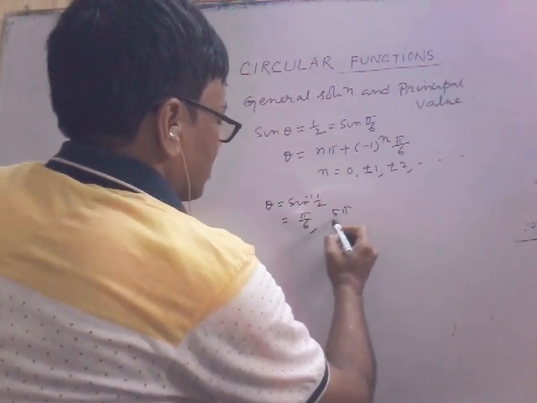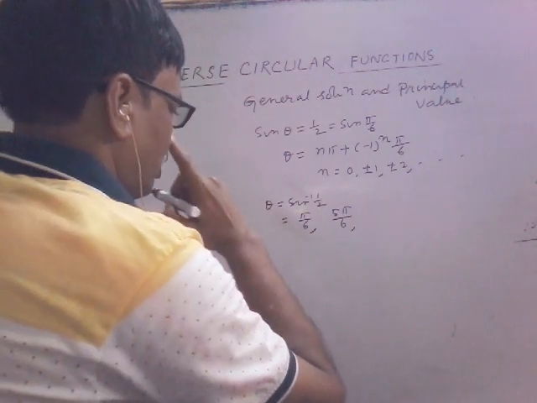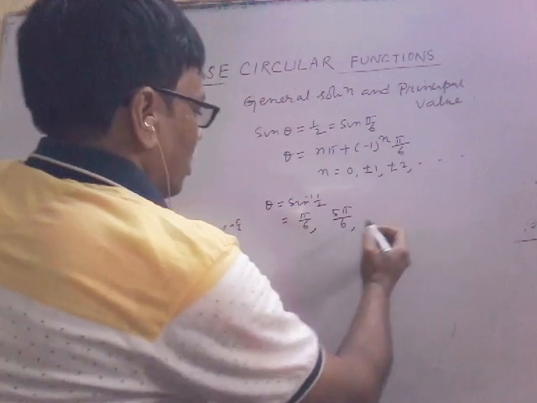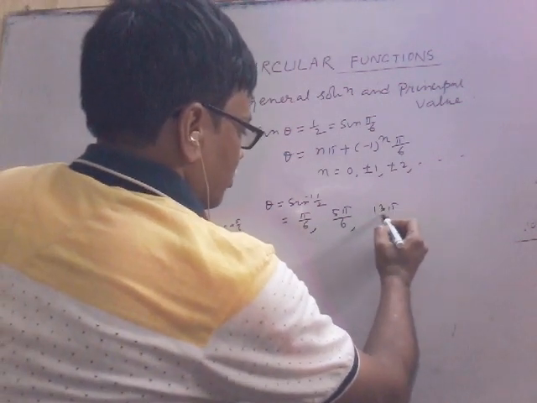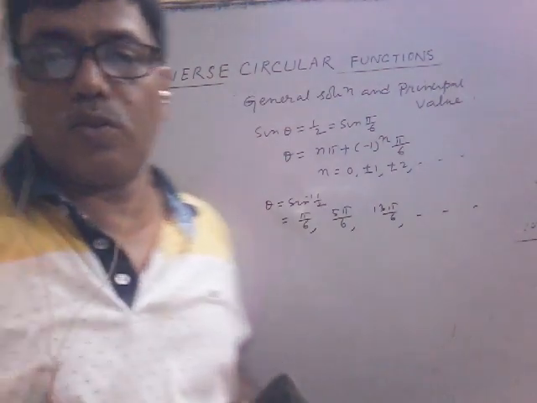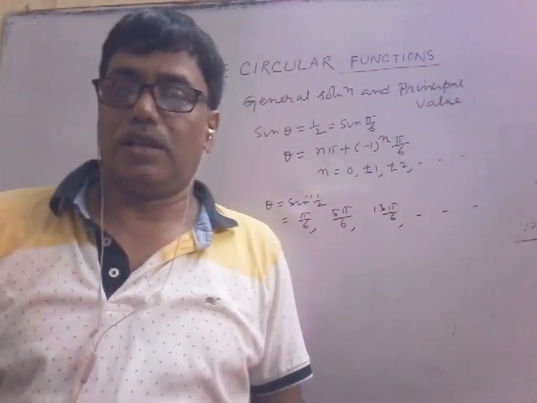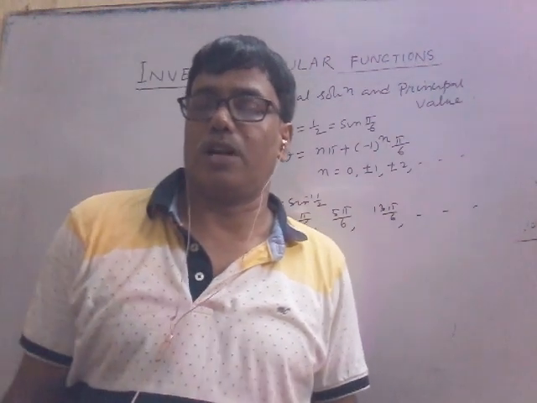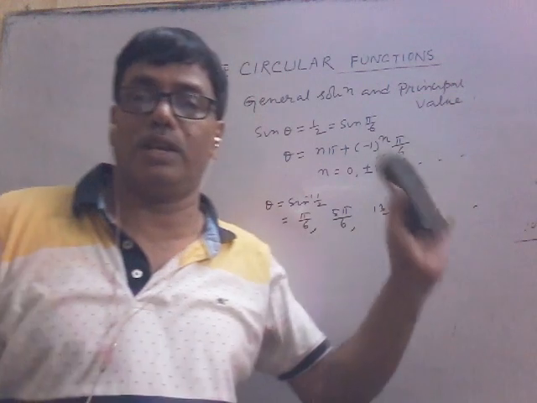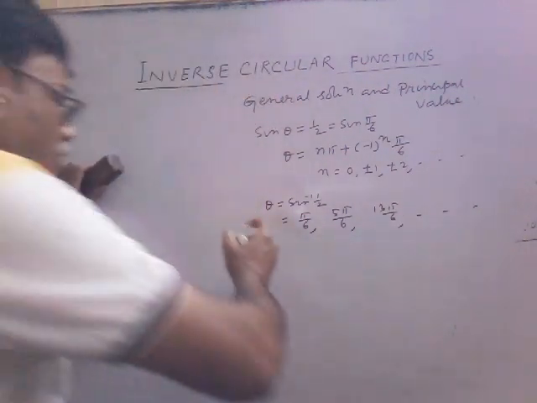5 pi by 6, 13 pi by 6. So inverse circular functions are satisfied by many values of the unknown variable. That is why they are called many valued functions.